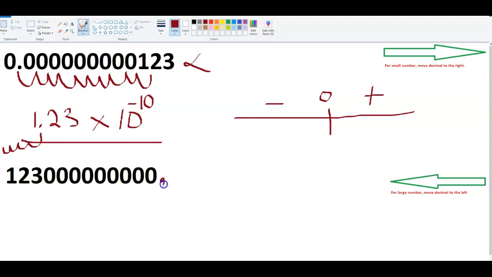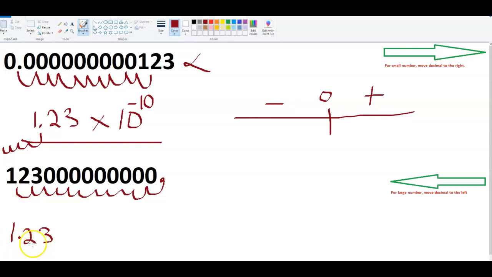For me to do that, I will count 1, 2, 3, 4, 5, 6, 7, 8, 9, 10, 11. You could see that that is a place that will give me a coefficient that's less than 10.